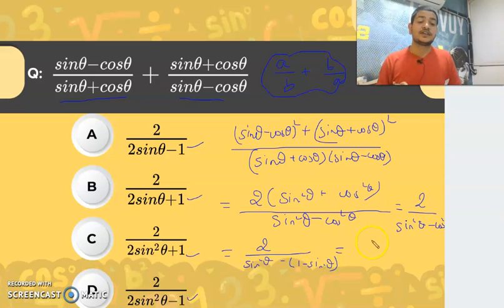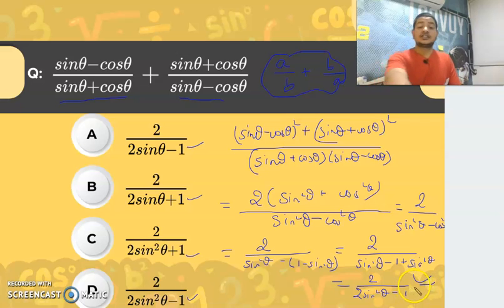Get it? So we can write it as 2 over (sin square θ minus 1 plus sin square θ). So we can write it as 2 upon (2 sin square θ minus 1). Okay, so this is option D. Hope you understand this thing.